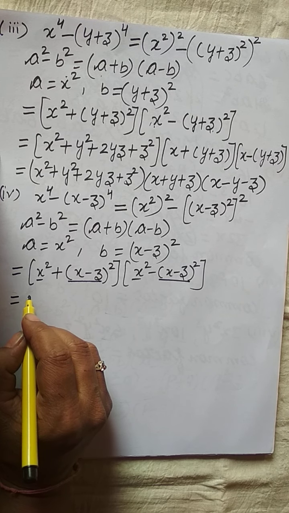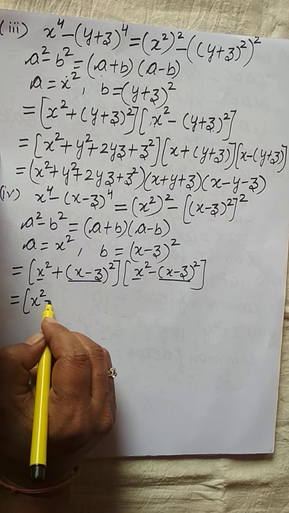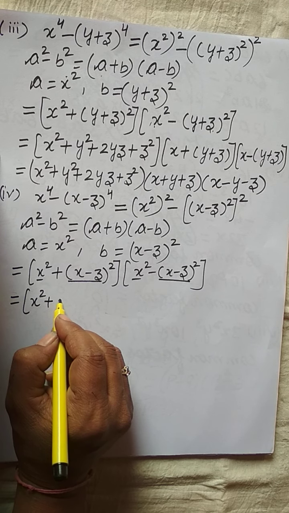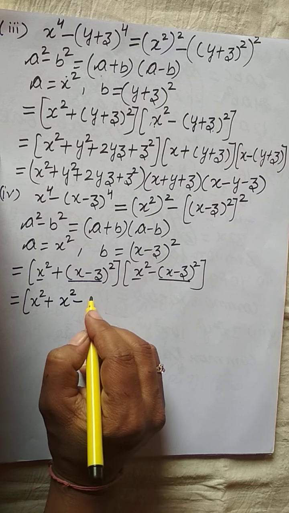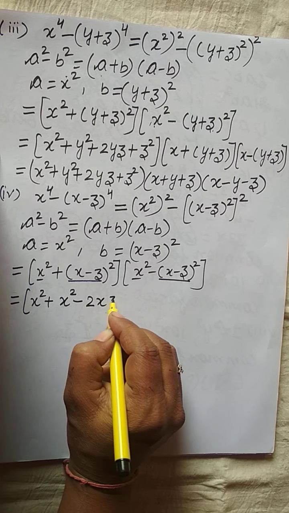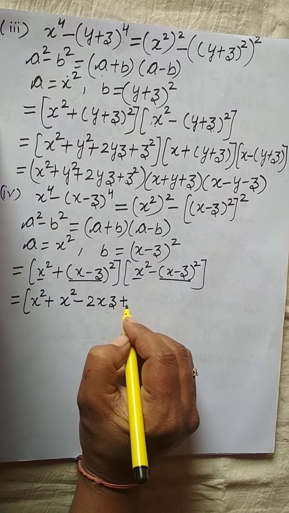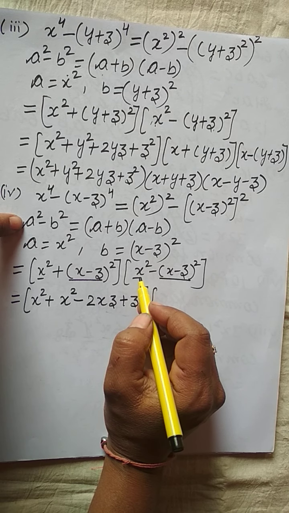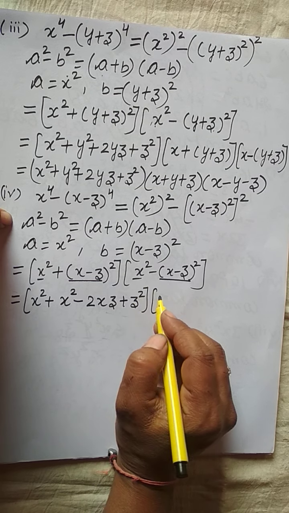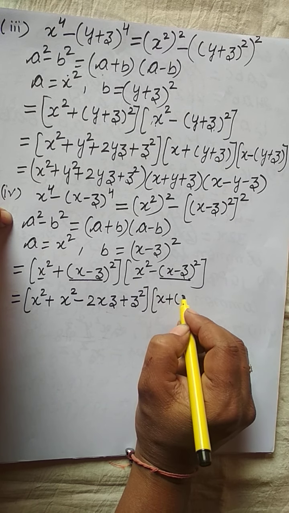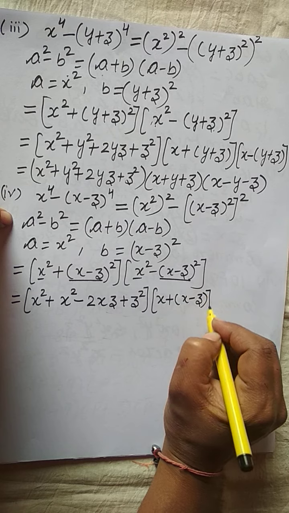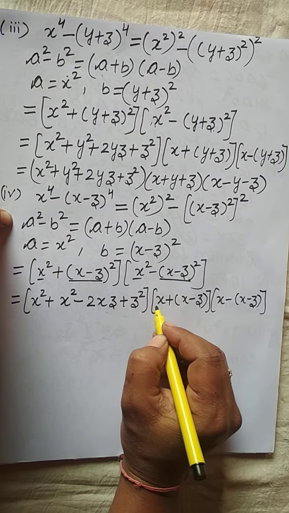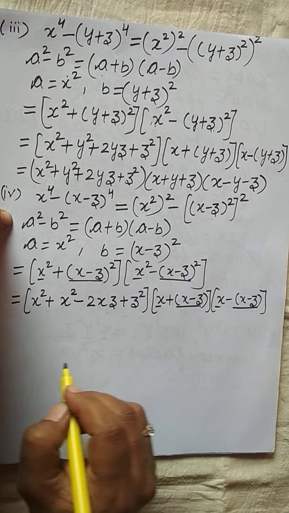Now this can be further simplified as x square plus, this is a minus b whole square, so it can be written as a square, that is x square, minus 2ab, that is 2xz, plus b square, that is plus z square. This can be simplified by the identity a square minus b square. So it is x plus x minus z into x minus x minus z, that is a plus b into a minus b.